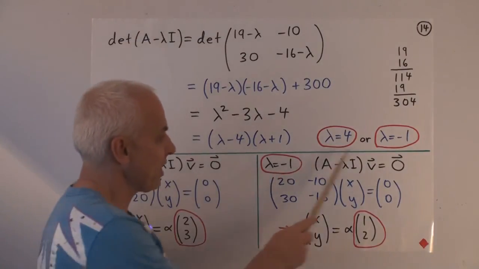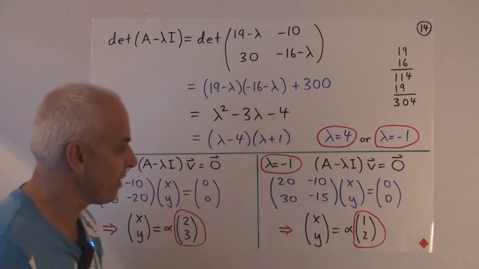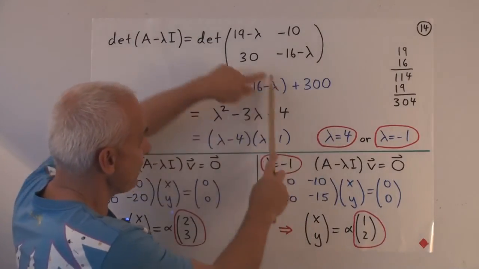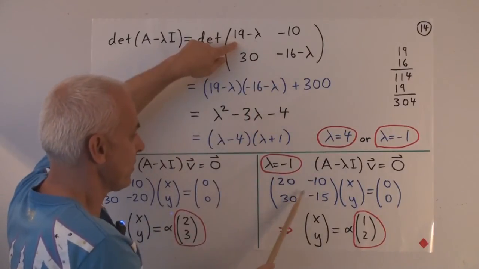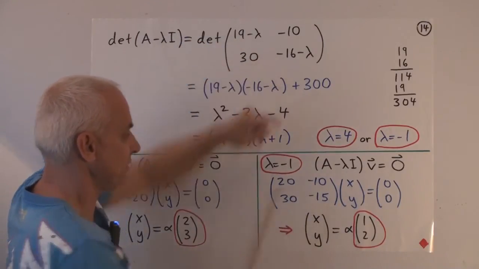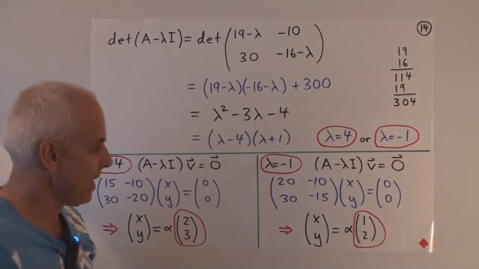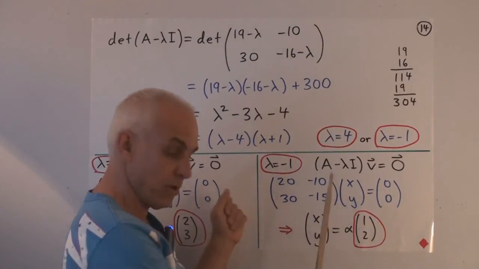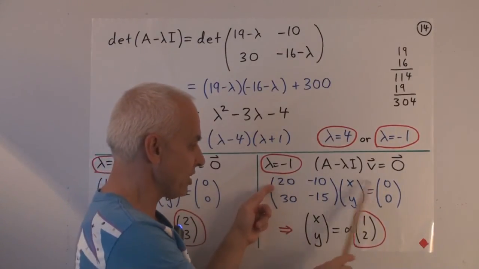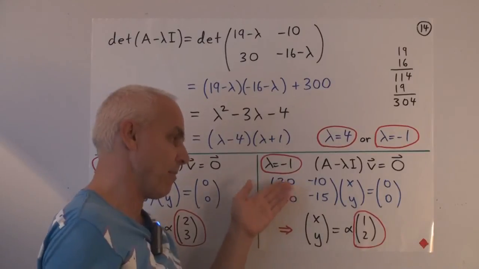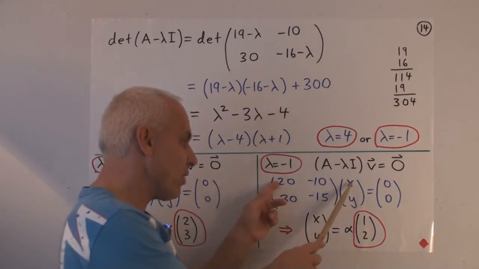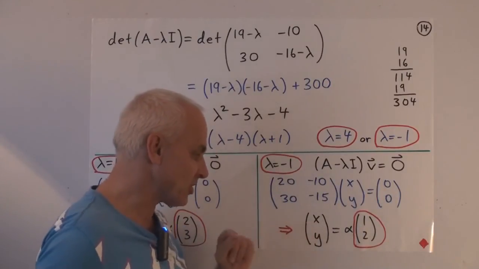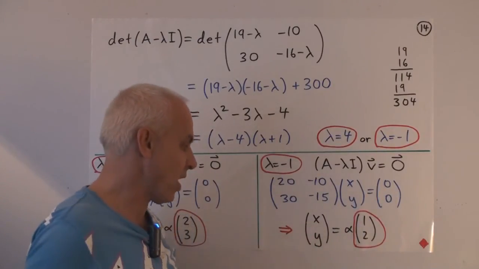And over here, the other case, when lambda equals minus 1, then A minus lambda I, this matrix here, becomes the matrix 20, minus 10, 30, minus 15. And again, this system, although it looks like two equations, really is only one equation because the second one is just a multiple 3/2 of the first one. So there's really only one equation here that allows us to solve for x and y.